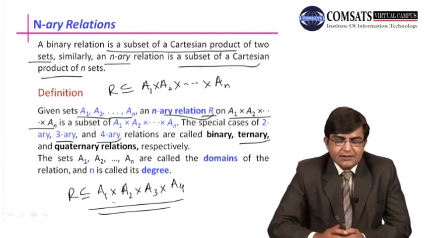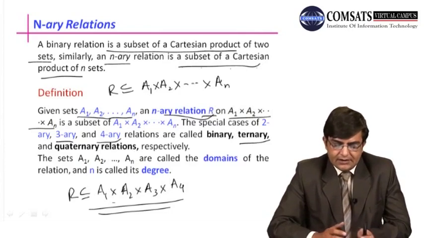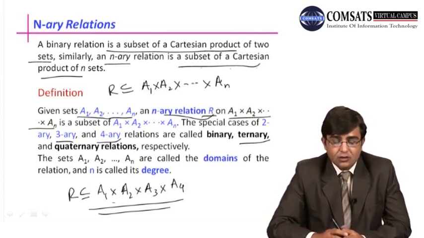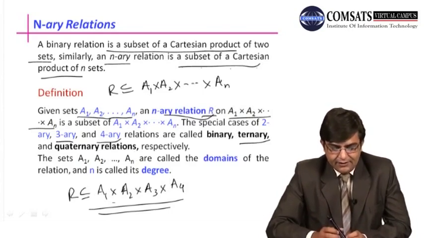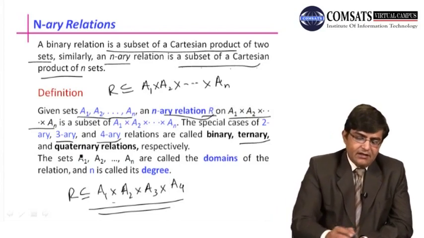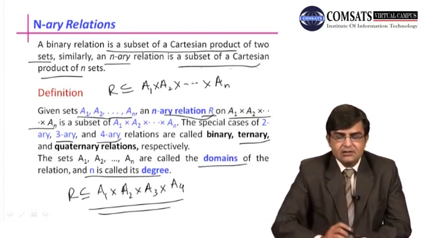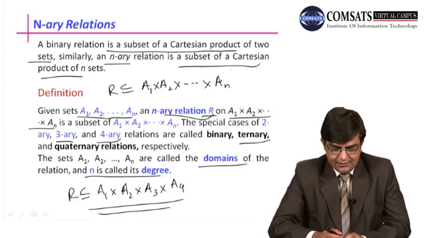So the special cases of this N-ary relation are basically binary, ternary and quaternary relations respectively. The sets A1, A2, An are called domains, and n is called the degree of this relation.